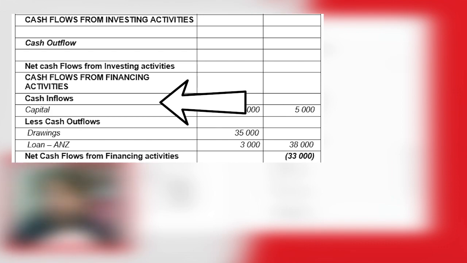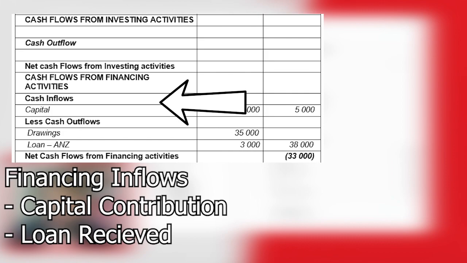So think of your bank loans. There are only two lines that can be a cash inflow: capital contribution by the owner, and secondly, we receive a loan. The only two outflows will be drawings, or you pay back a loan.